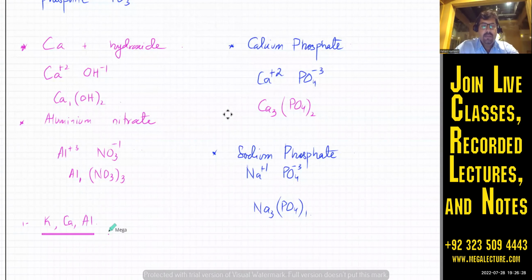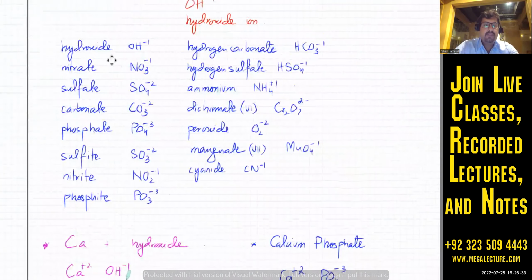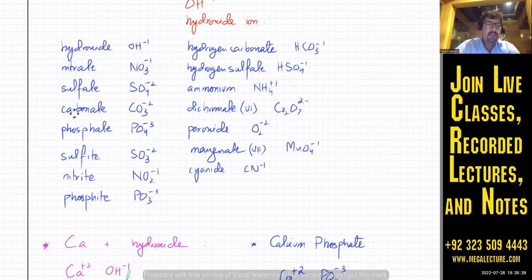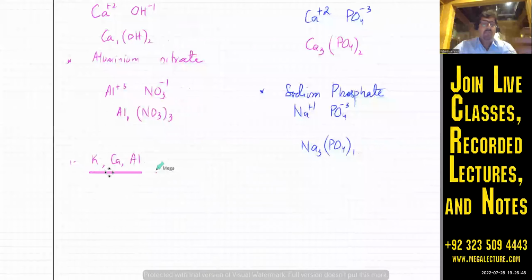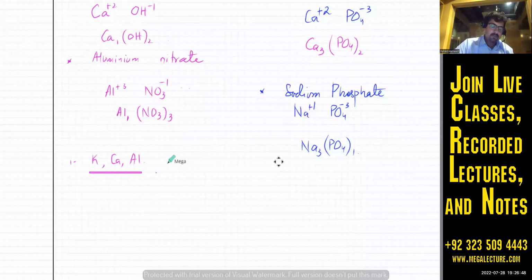Like potassium: what is potassium with hydroxide? What is potassium with nitrate? What is potassium with sulfate? What is potassium with carbonate? What is potassium with dichromate? So combine and write down the formula of potassium with all polyatomic ions, one by one.